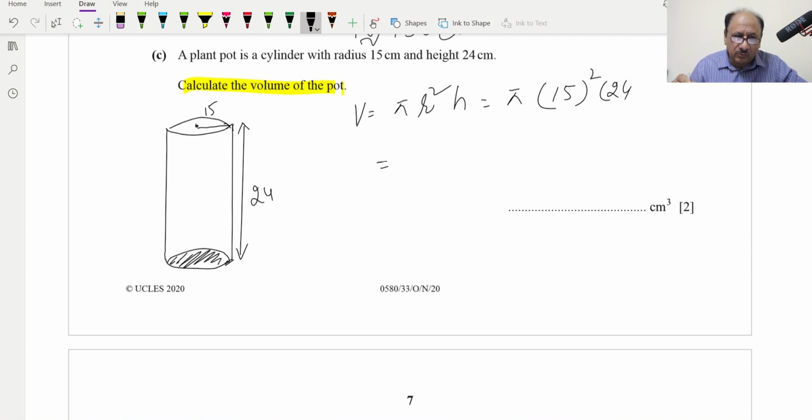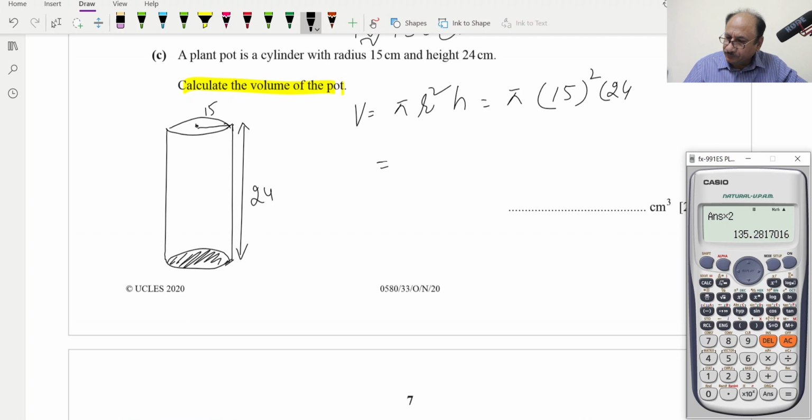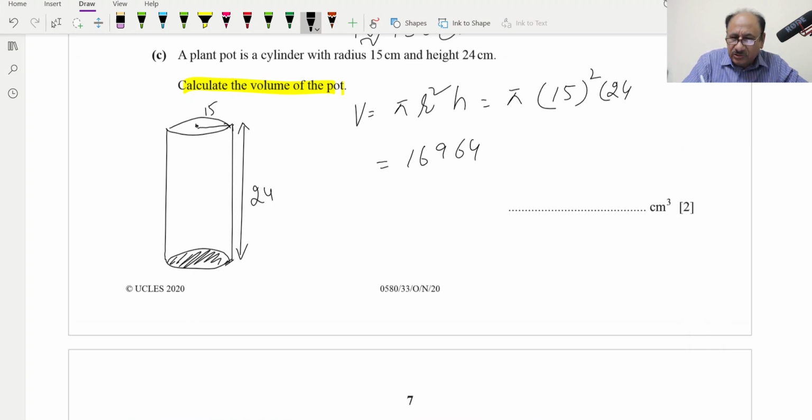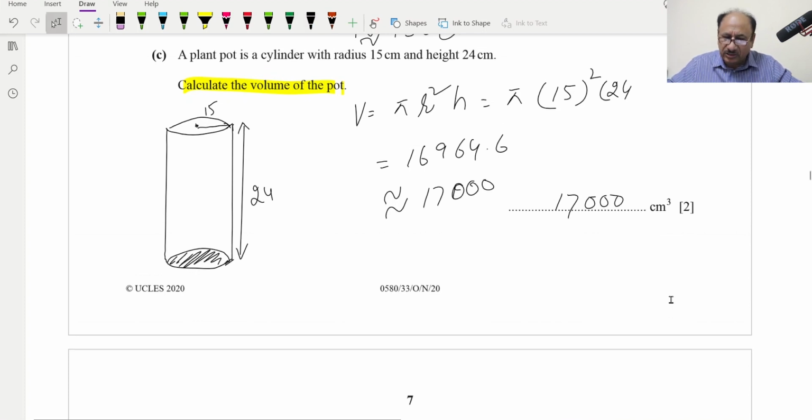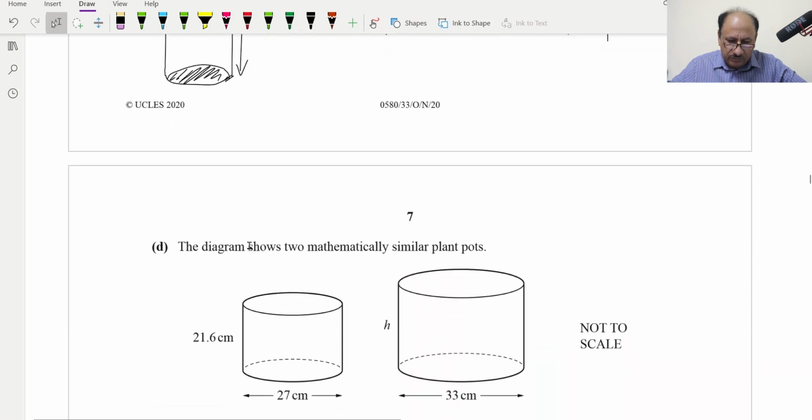We can calculate this as pi multiplied by 15 square and multiplied by 24, which is equal to 16,964.6, which we can write as 17,000. Rounded answer will be 17,000 centimeter cube. Volume is always in cubes.